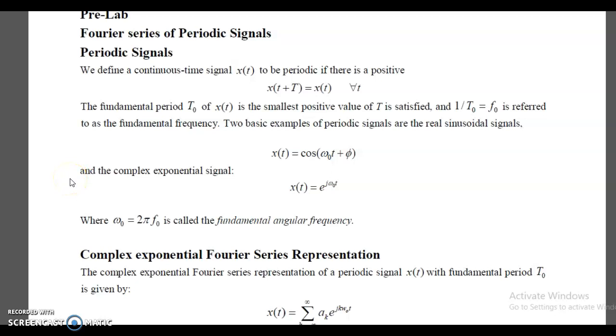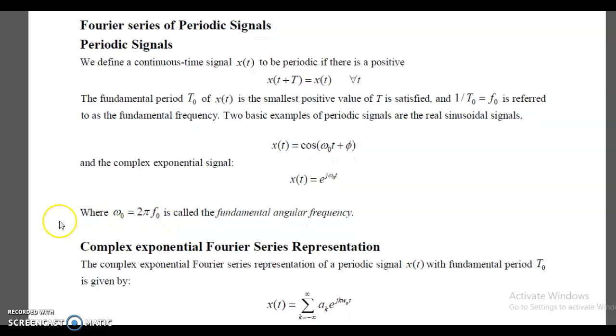The sinusoidal signals include the sine and cosine signals, and the complex exponential signals can be written in terms of e raised to the power j omega naught t. And all the periodic signals have some fundamental angular frequency, that is omega naught, which is equal to 2 pi f naught, and this f naught denotes the fundamental frequency of the signal.